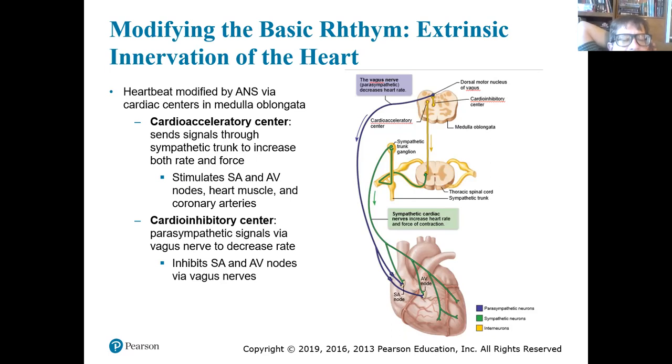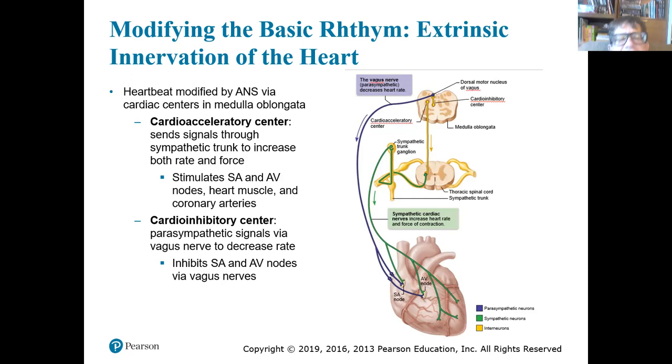The vagus nerve is part of the cardio inhibitory, the parasympathetic, and that will slow the heart rate down to whatever our normal resting rate is. That's inhibiting the SA nodes, inhibiting the AV nodes, just keeping everything slow. Now, if we need to speed things up, we use the other part of the nervous system.